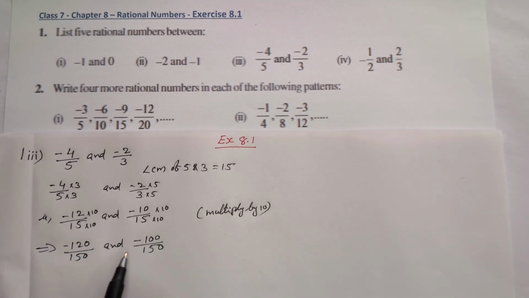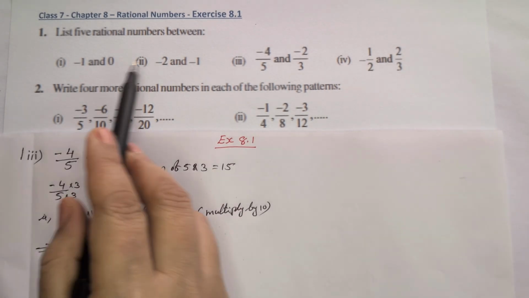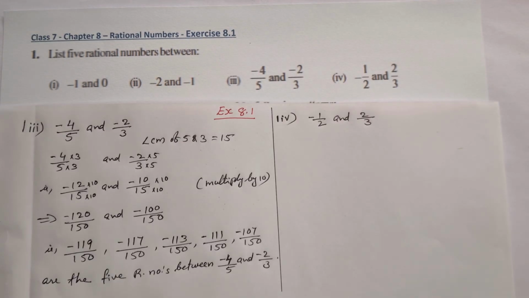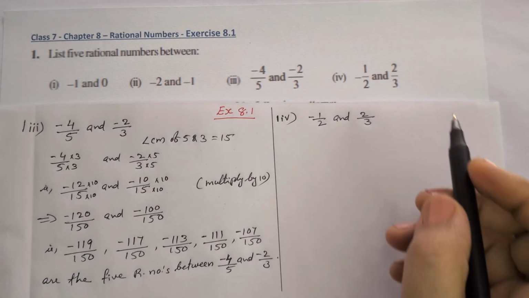Now in between we can find many rational numbers, but we need any 5. So here we can write any 5 rational numbers between -120 by 150 and -100 by 150: -119 by 150, -117 by 150, -113 by 150, -111 by 150 or -107 by 150, any 5 are the 5 rational numbers between -4 by 5 and -2 by 3.